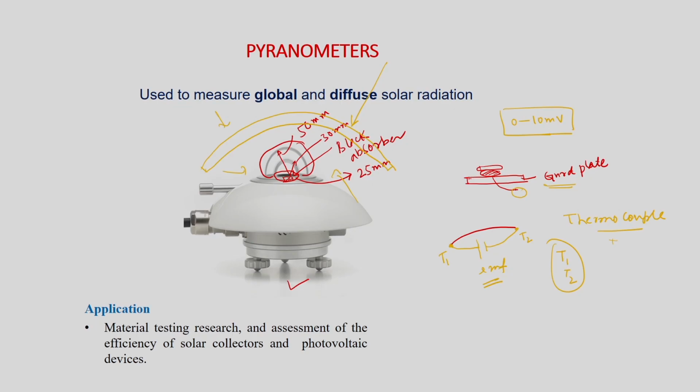The kind of radiation we get under this condition is called diffuse radiation. So, we have to set it so that direct radiation cannot strike the glass envelope. There is a procedure for how to install this shading ring. This is called the shading ring.